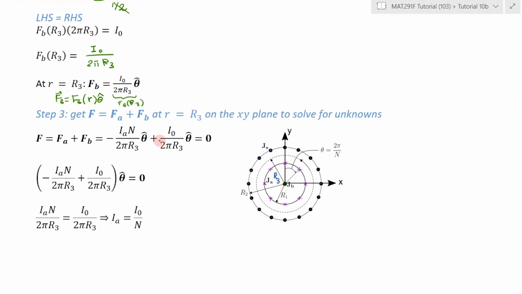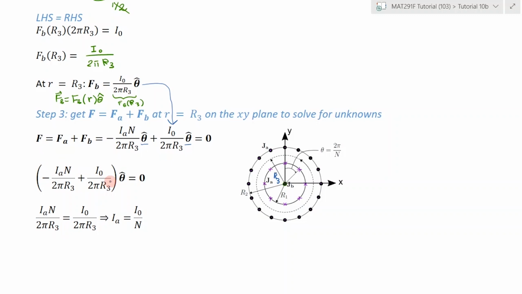Here I copied the expression I got just now. This was from the previous part where we found the field from the toroidal helix. Remember, we're told that this field is equal to 0, and we're looking for IA in terms of a bunch of other things. So for this to be 0, what do we want? Let's factor out theta hat. Then we get this. And then let's shift this.